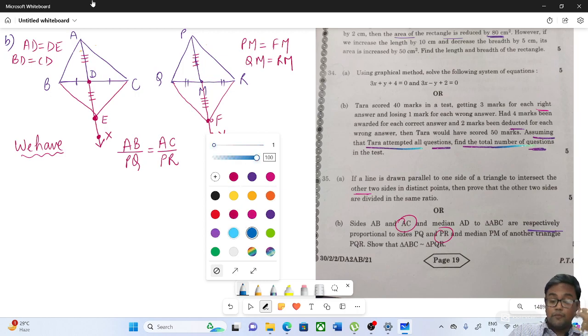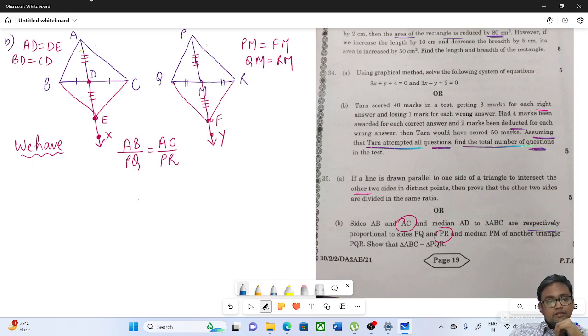Now see children, first of all, talk about the quadrilateral ABEC. ABEC is a parallelogram. Why? Because you can see its diagonals, both AE and BC, are bisecting at D, visible in the figure.